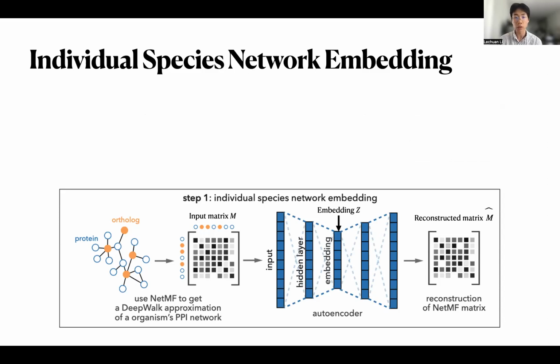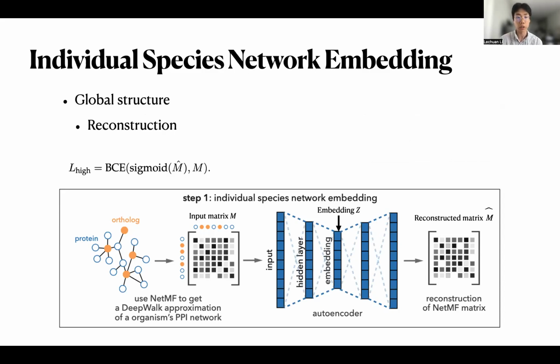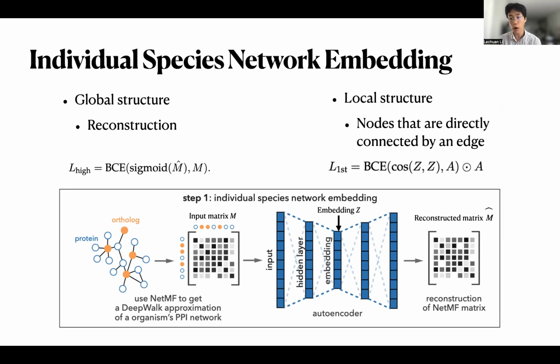The autoencoder contains 2 parts of loss functions. The first is the global structure loss, which is achieved through the reconstruction using the autoencoder. And the second part is we want to emphasize the similarity of the embedding between nodes that are directly connected by an edge. So we are forcing the nodes that are directly connected by an edge to have similar embeddings in our embedding space.